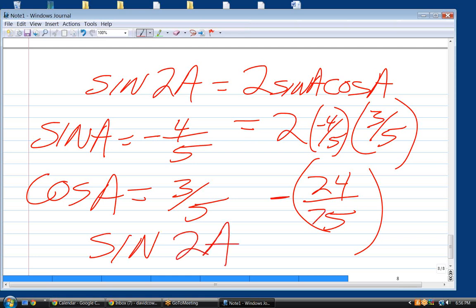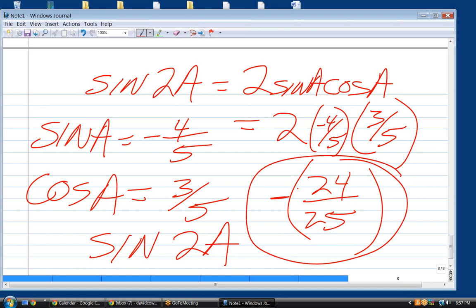Now, excuse me, I knew it couldn't be over 1. I had to make a mistake somewhere. You can never have the sine of an angle be greater than 1 or less than -1. Same with cosine. So when I came up with this answer that was less than -1, I had serious problems. That's because I forgot to multiply the 5s. So the sine of 2A is that.